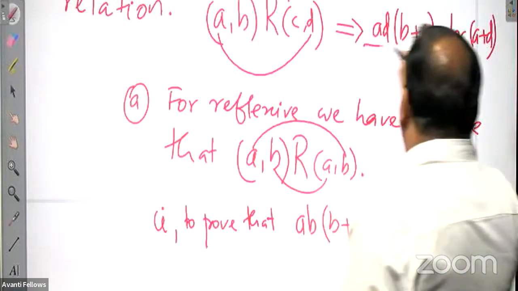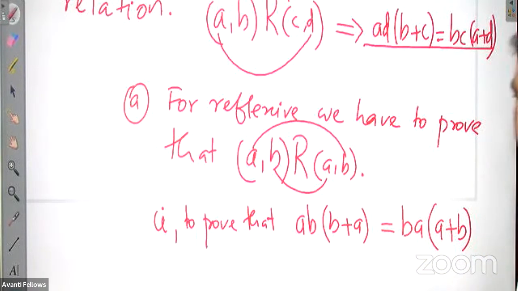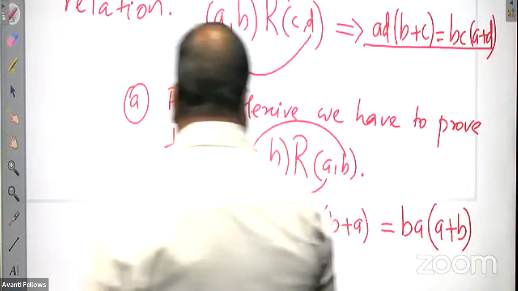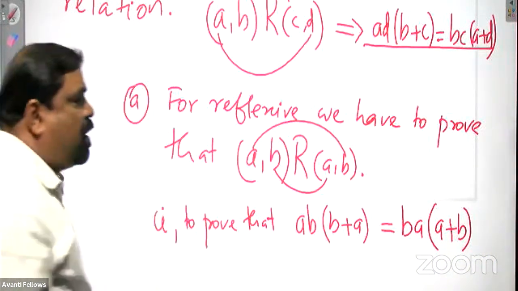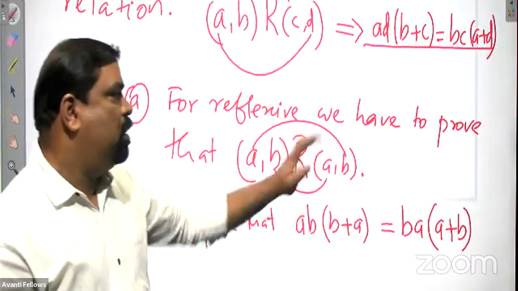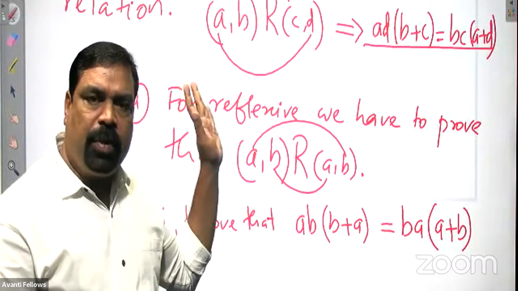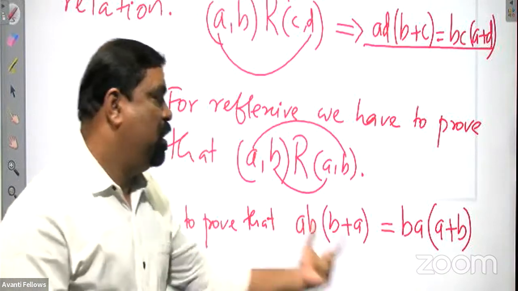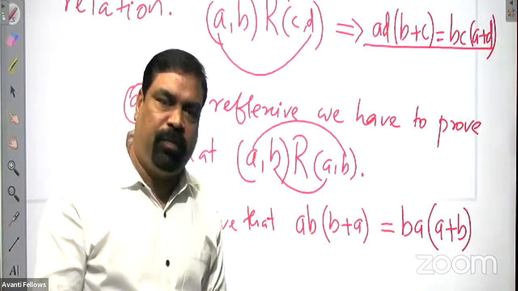According to this definition, this is what we have to prove. If this condition is true, that means it is reflexive. So we only need to check whether it is true or not.